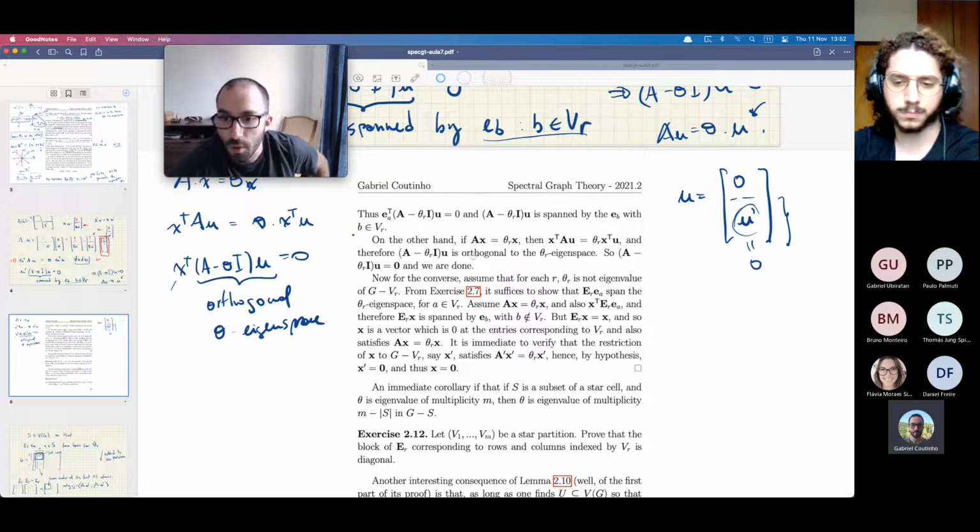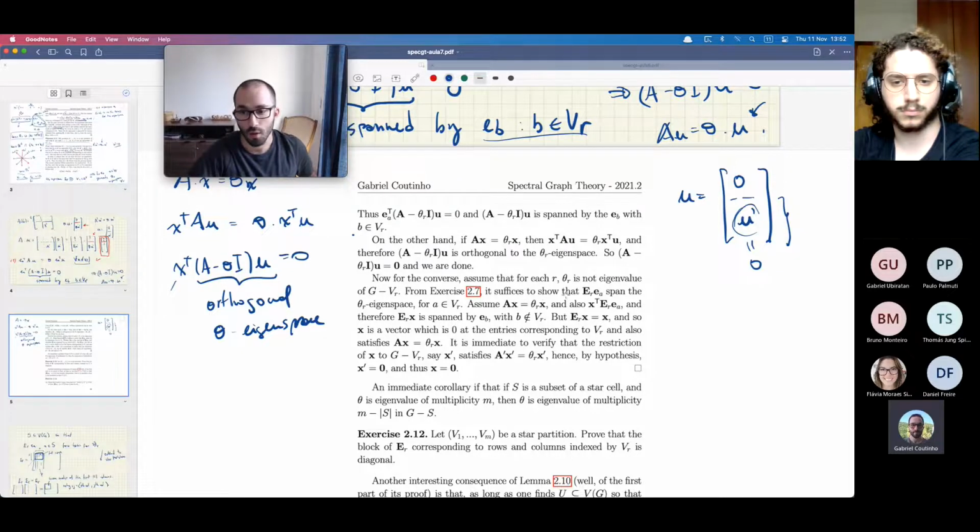Oh, sorry, I'm writing now for the converse, of course. So here's where I am. For the converse, I'm assuming that for each r, theta r is not an eigenvalue of this thing. Now, from that very same exercise 2.7, the only thing that I need to show is that this E sub r span the theta r eigenspace for all r.